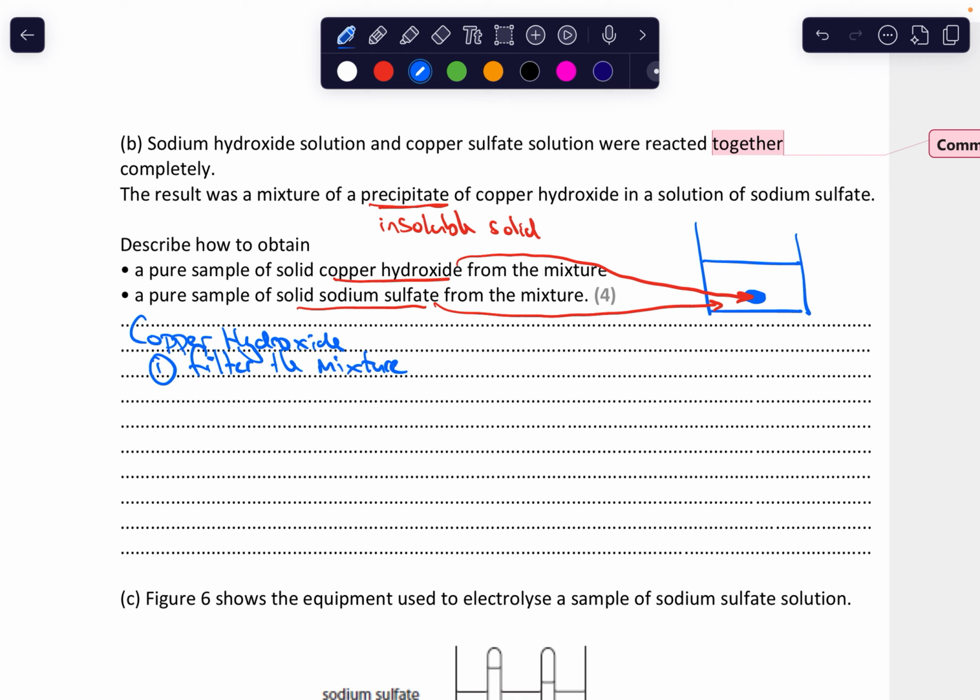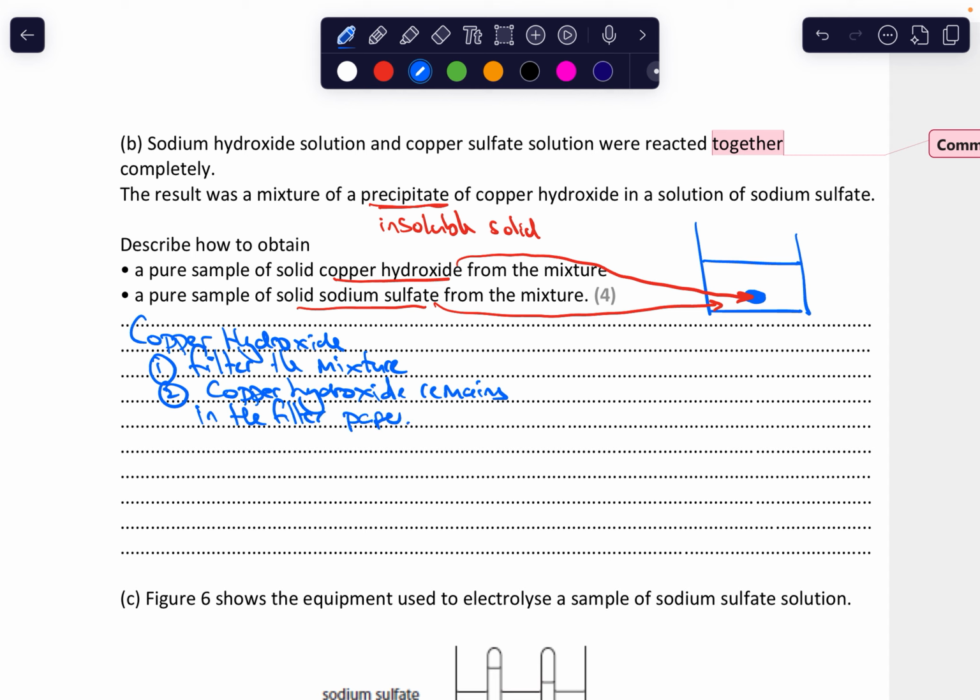So you're going to filter this mixture, and what would happen then is that the copper hydroxide remains in the filter paper, okay?